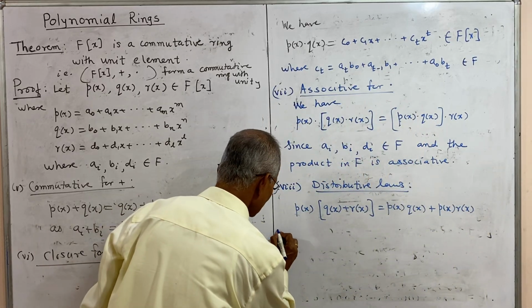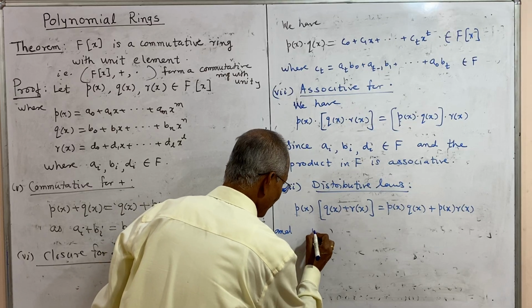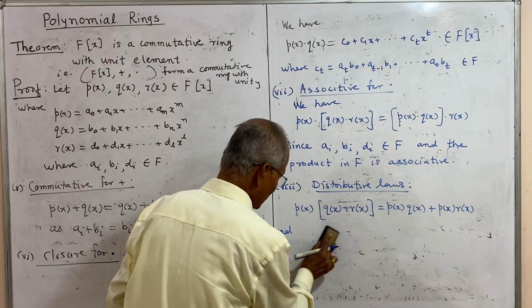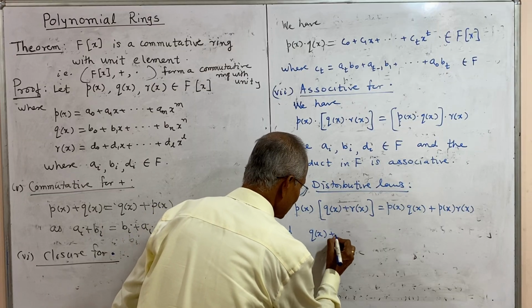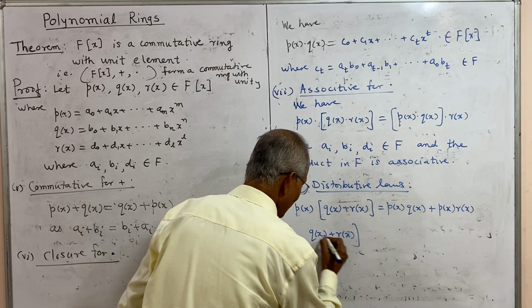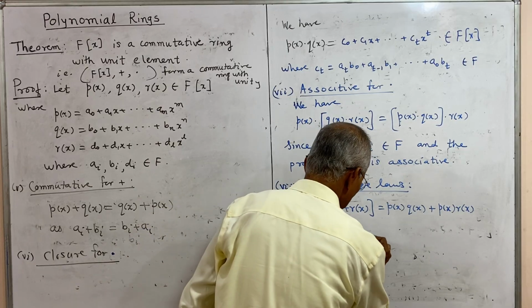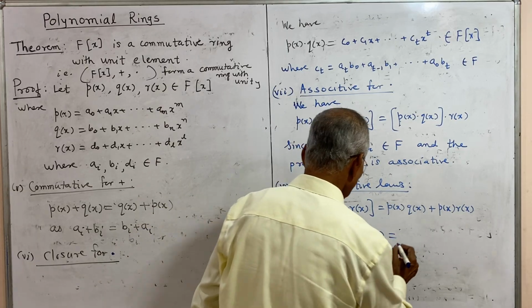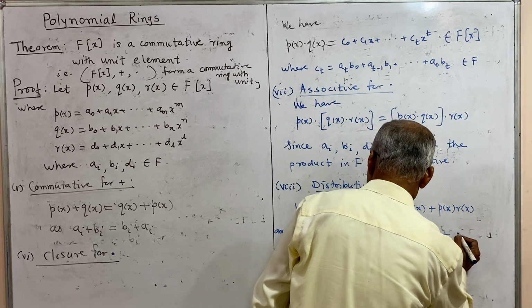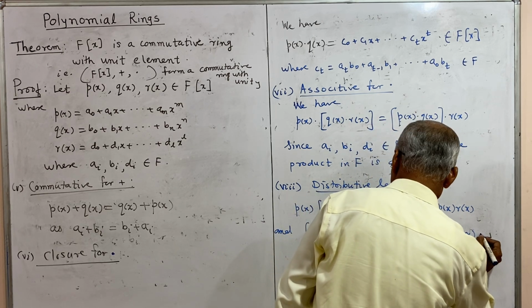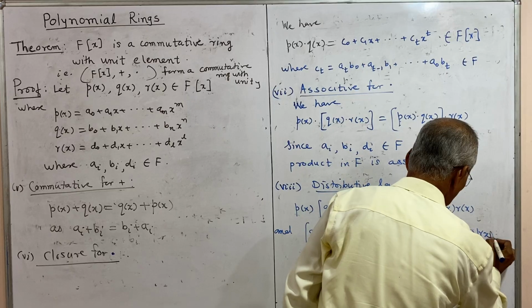And second is the left and right distributive law, which can be written as q of x plus r of x multiplied by p of x is equal to q of x into p of x plus r of x into p of x.